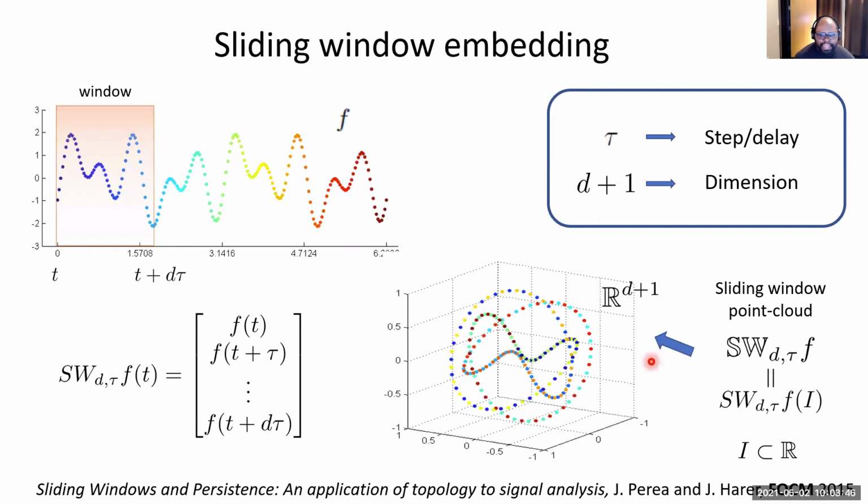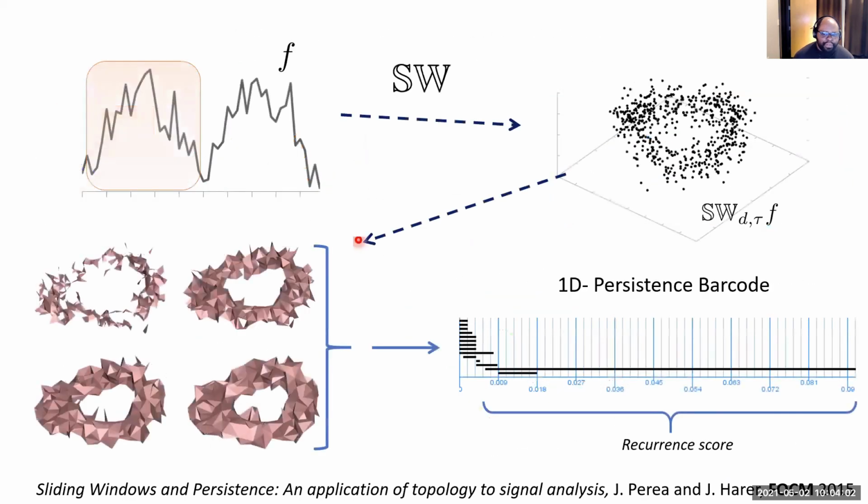The main thing that we have leveraged is that several properties of the original time series, or the original function, are reflected in the shape of the point cloud that you get by varying t, by sliding the window. For example, if your function is periodic, then when you apply the sliding window, you get something that resembles a circle.